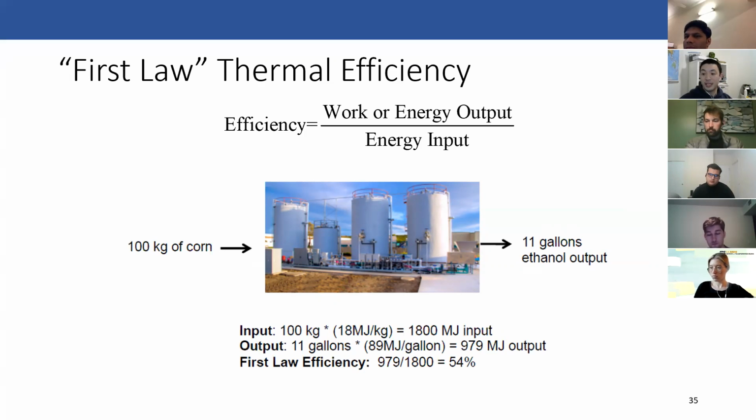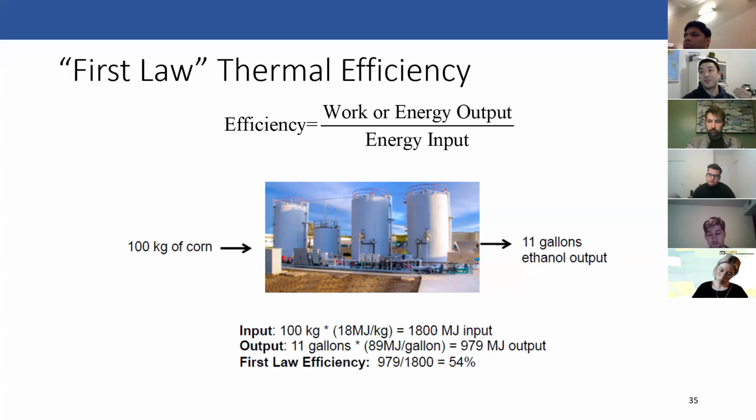So I am putting in 1800 megajoules worth of input energy. And the output is 11 gallons of ethanol, which has an energy density of 89 megajoules per gallon. That translates to a little under 1,000 megajoules.